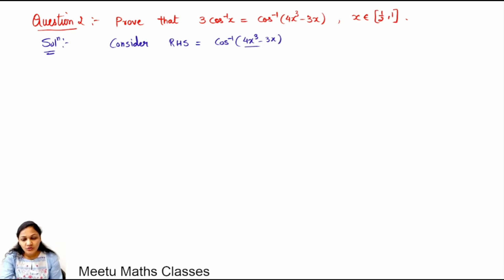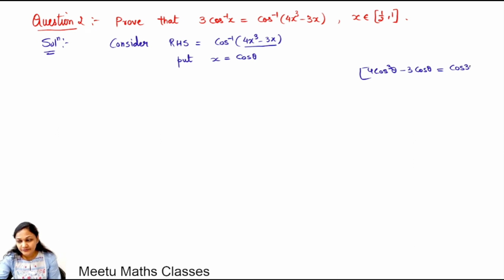Now, to convert 4x cube minus 3x, we can make a substitution, that is, substitute x as cos theta. Then we know that 4 cos cube theta minus 3 cos theta is equal to cos 3 theta.